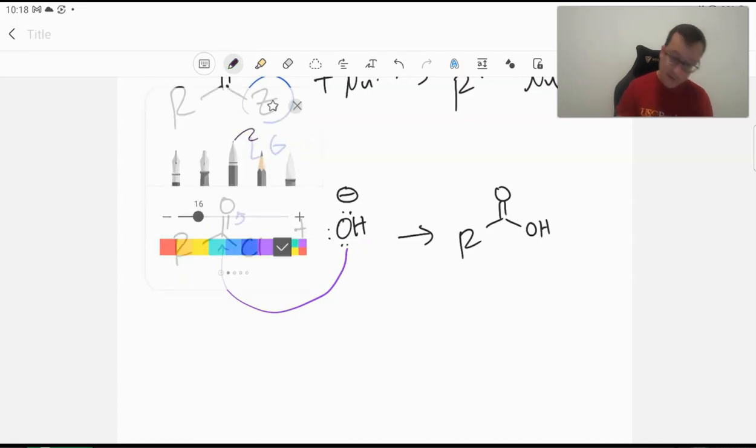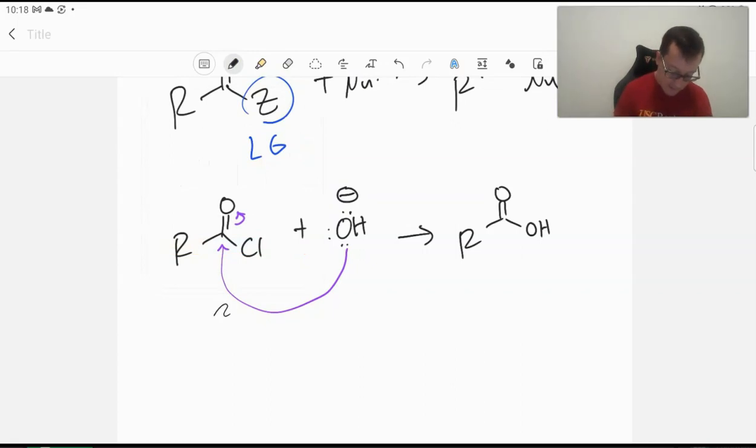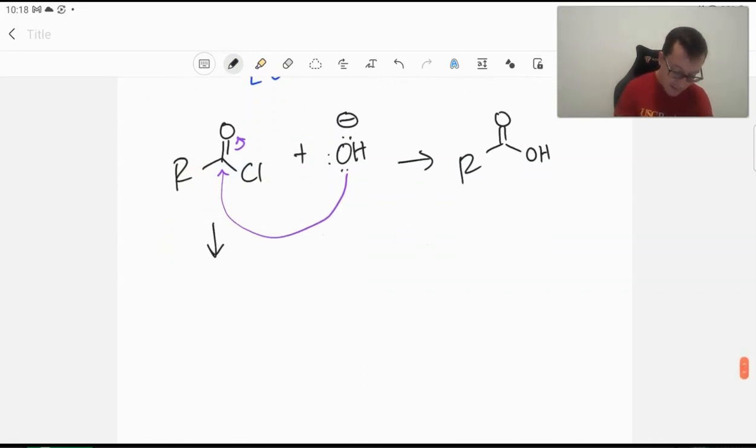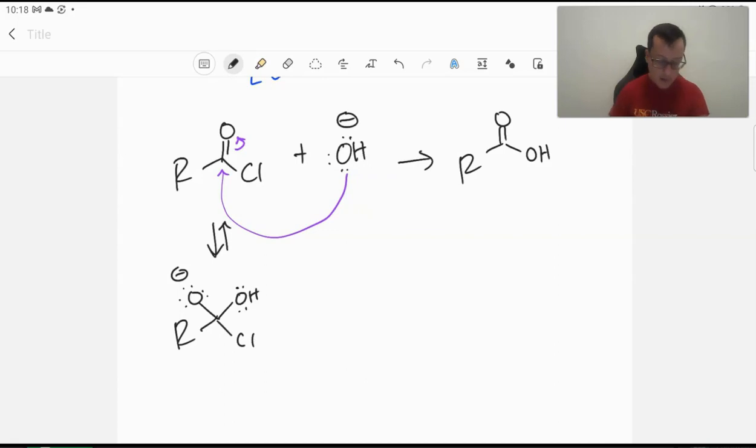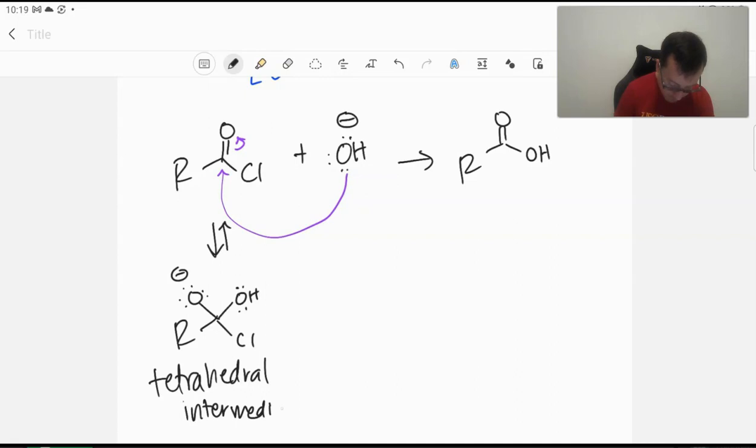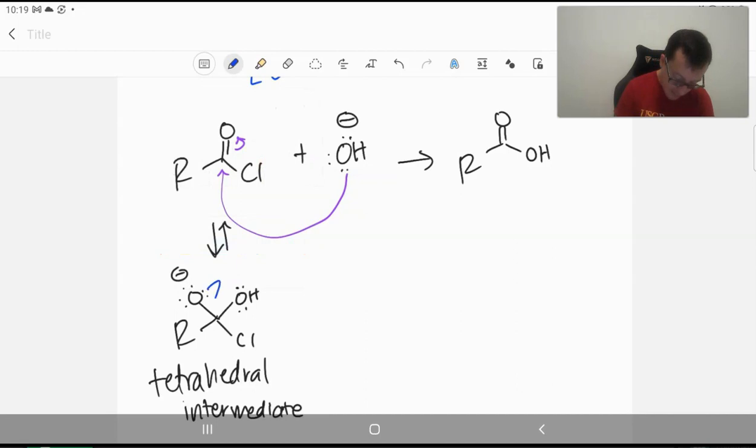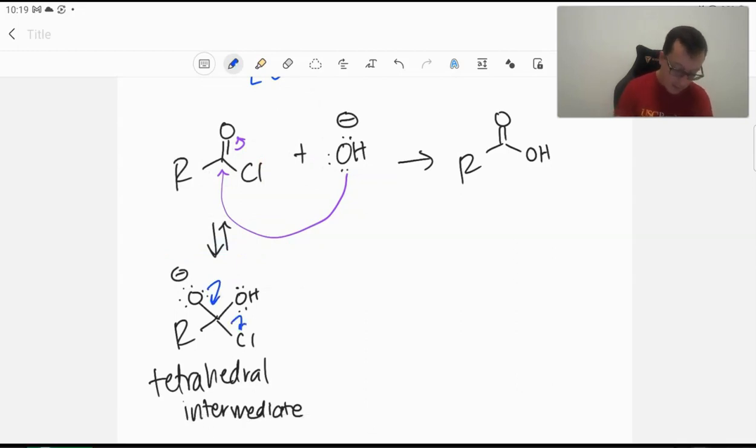It's important that we understand this is not a concerted process. So mechanism-wise, this is equilibrium, we end up with a tetrahedral intermediate, which then will close back down and kick out a leaving group.